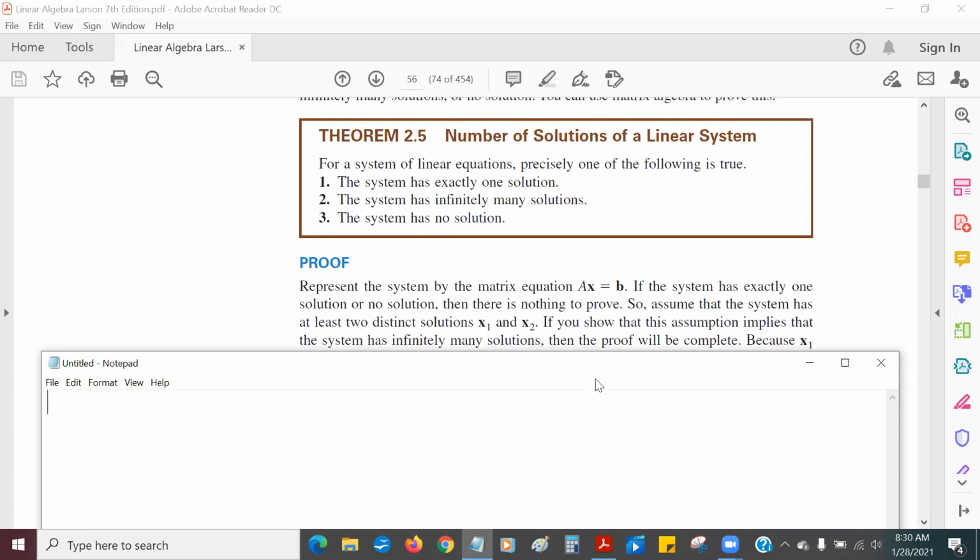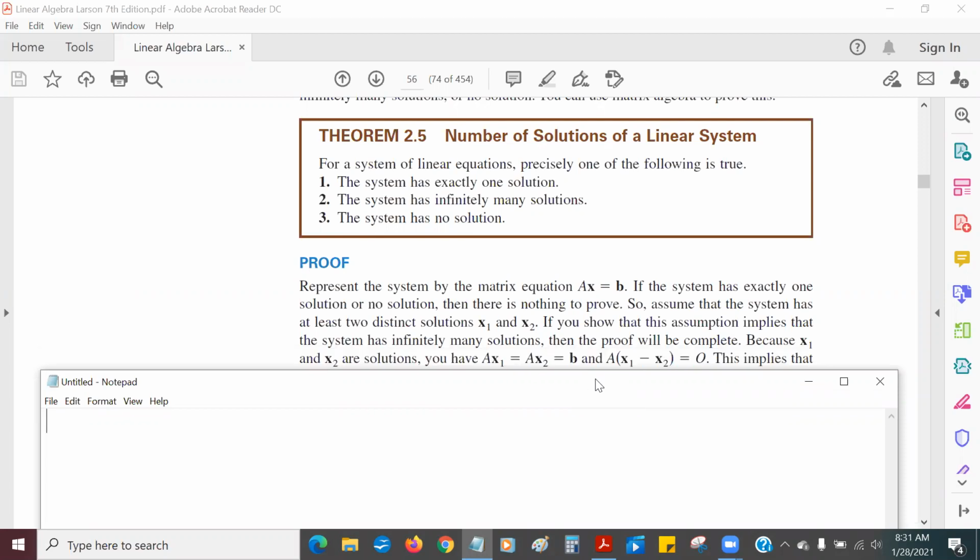Now, x1 and x2, again, these are vectors. These are column matrices of solutions to the system of linear equations. Because they're solutions, that means AX1 and AX2 both equal B. But that means AX1 equals AX2.